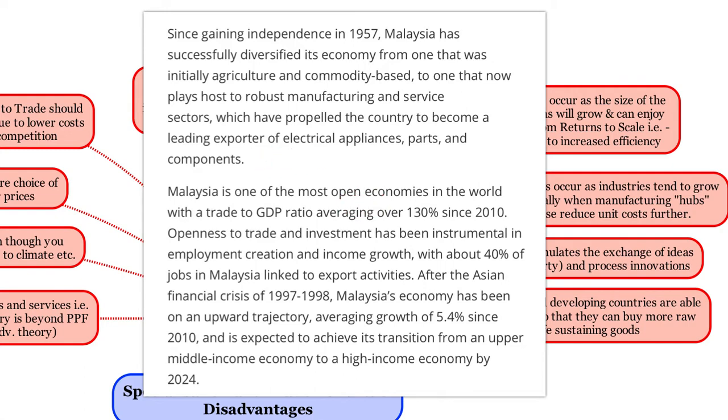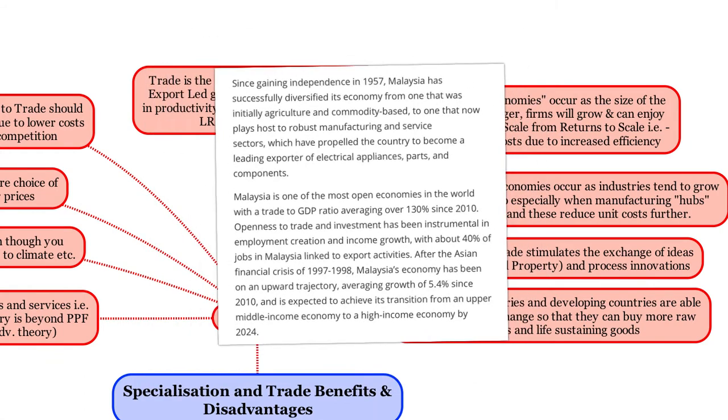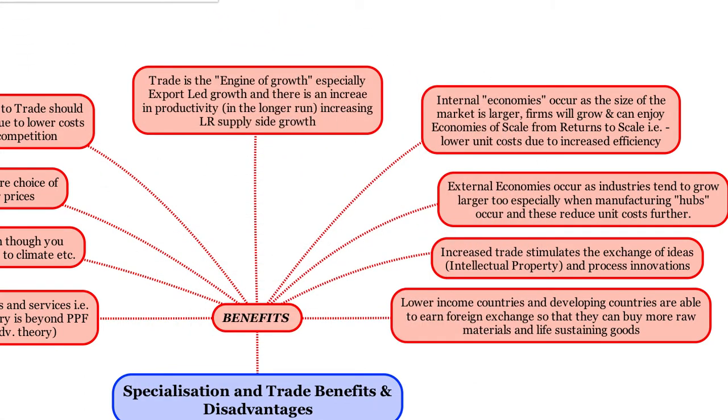It's one of the most open economies, so this is a really good example to use for openness to international trade. And what it says, it has been instrumental in employment creation, income growth. 40% of Malaysian jobs are linked to the export activities. That's meant that their growth has been 5.4%. Good application, I hope. Good country to have a look at.